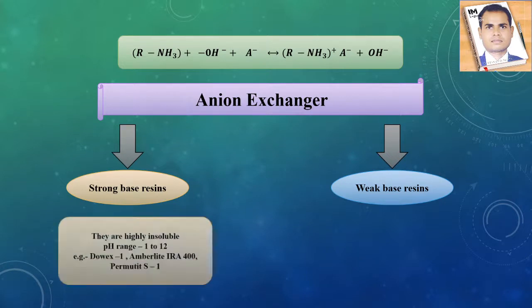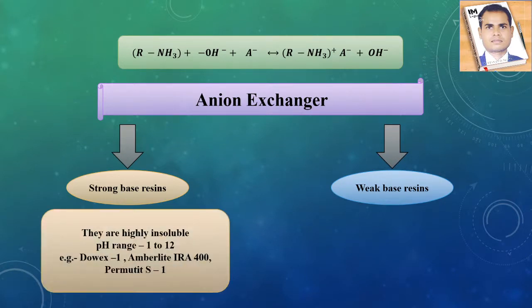In the strong base resins, you can see they are highly insoluble, and the pH range is 1 to 12 for these kinds of resins. For example, you can see Dowex 1, Amberlite IRA 400, and Permutit S1.